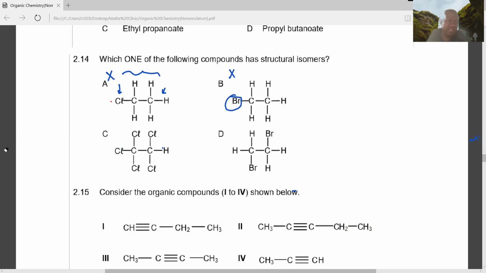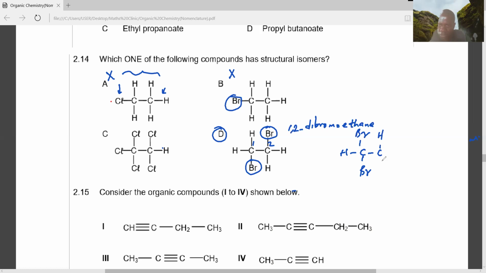But let's look at number D. The D is the answer. Why? If you look at this now, if we choose the longest chain, it will be 1, 2, with bromine, this will be 1,2-dibromoethane. But now, if we change this bromine, we place it here, we can put both of the bromines here.